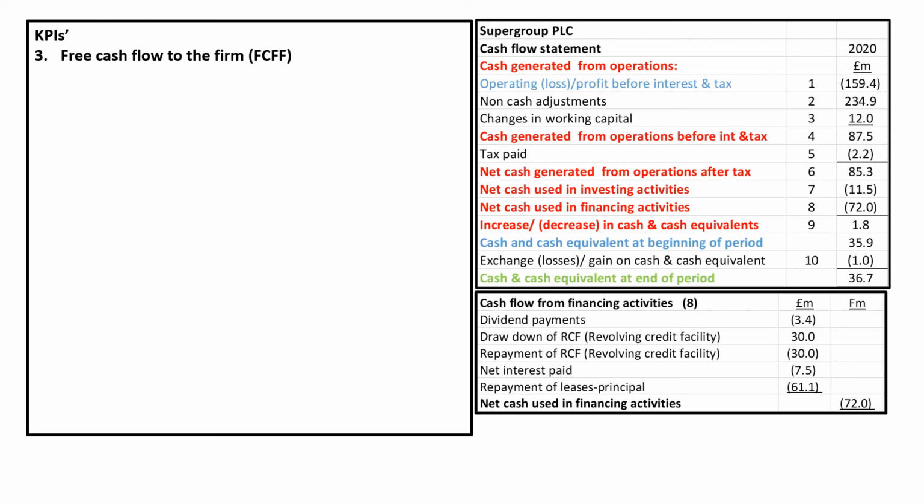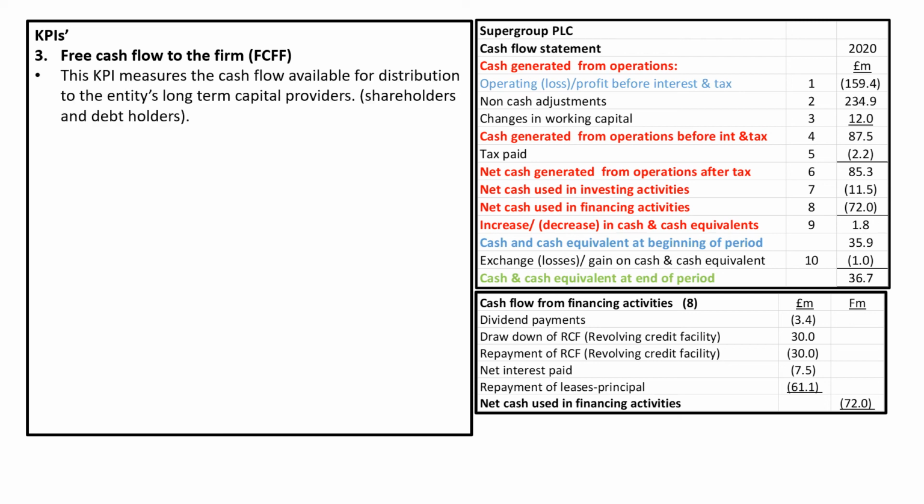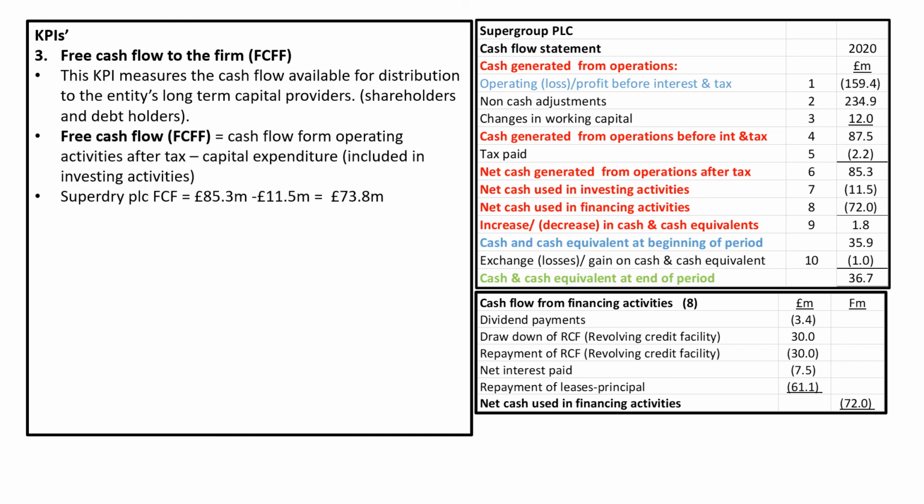The next indicator we're going to look at is the free cash flow to the firm, or FCFF. This KPI measures the cash flow available for distribution to the entity's long-term capital holders, shareholders and debt holders. The free cash flow is worked out by taking the cash flow from operating activities after tax and then taking away the capital expenditure, which is included in investing activities.